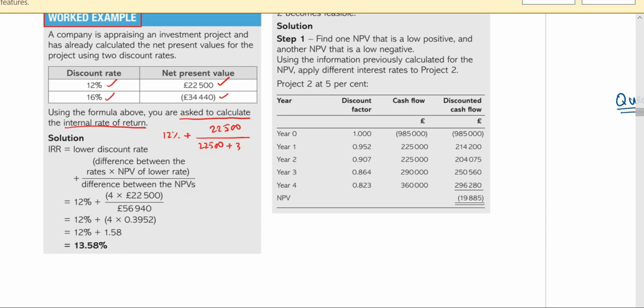Then 3,440, multiplied by higher minus lower, 16% minus 12%. Then obviously we will get 13.58%.